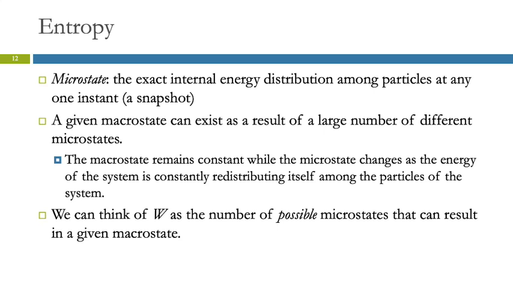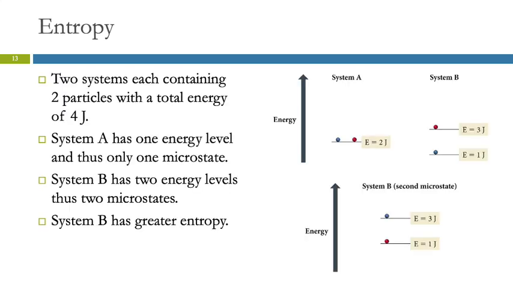This is constantly changing, and there's a gazillion different ways to have that arranged. So that W is essentially the number of possible microstates that would result in a given macrostate. So let's take it down from Avogadro's number of particles to 2 particles.